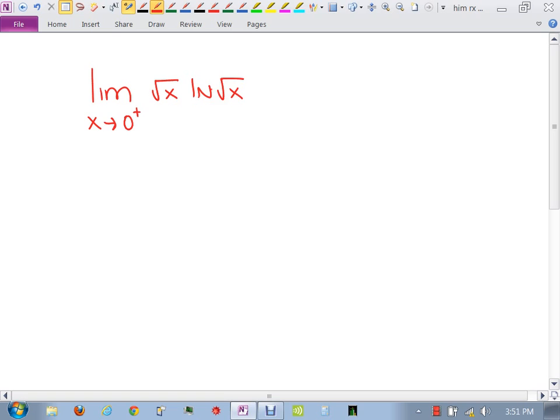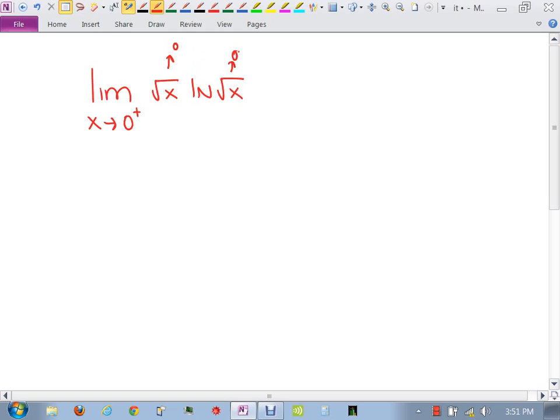What kind of form do we have here? What's the square root of 0? 0. So this is headed towards 0 here.